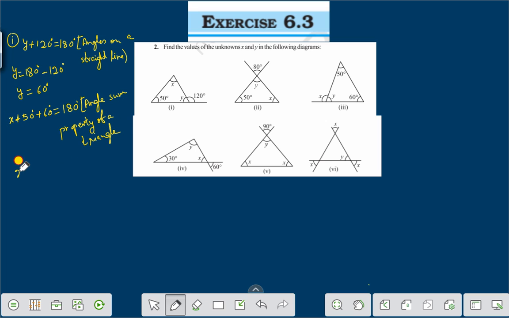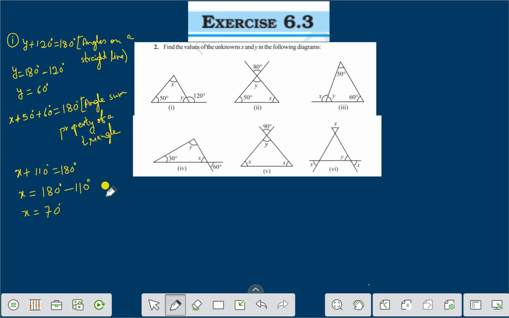Therefore, x plus 50 plus 60, which is 110 degree, is equal to 180 degree, or you can say x is equal to 180 degree minus 110 degree, that is 70 degree. Therefore, x is equal to 70 degree.